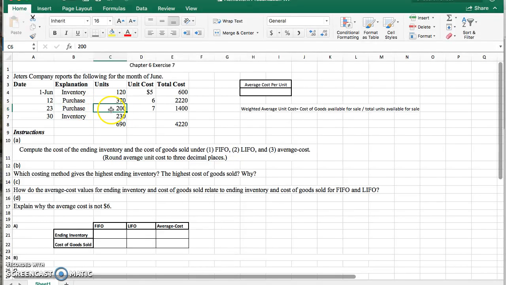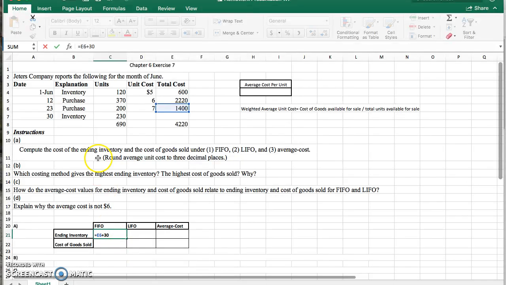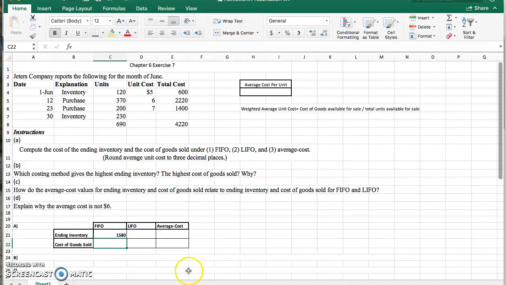So 200 of the 230 are going to be priced at $7, so we have that $1,400, plus 30 of the units which come from our June 12th purchase, which is 370 times 6. We do 30 because that's how many units we have left over from our 230, times 6. And that gives us 1,580.